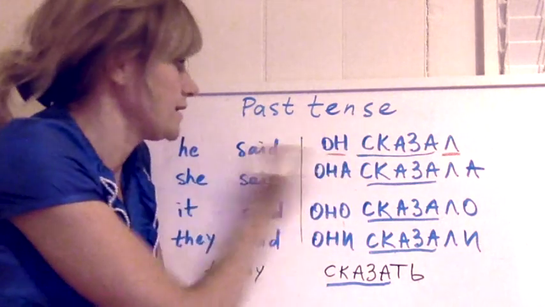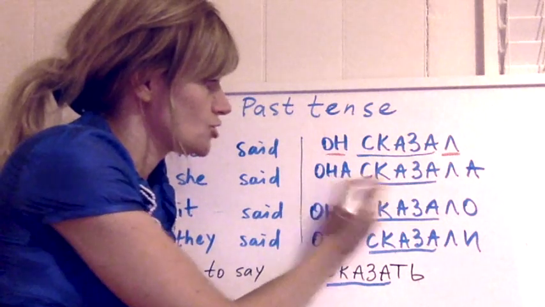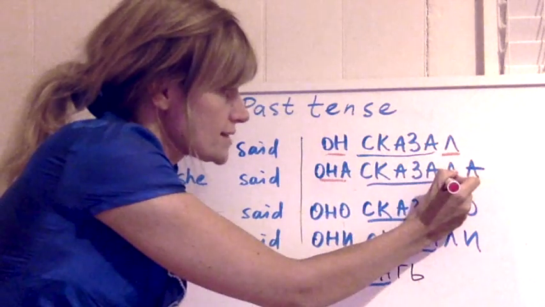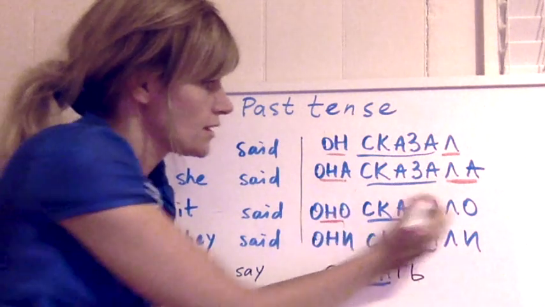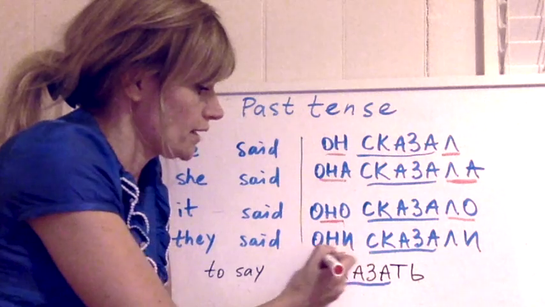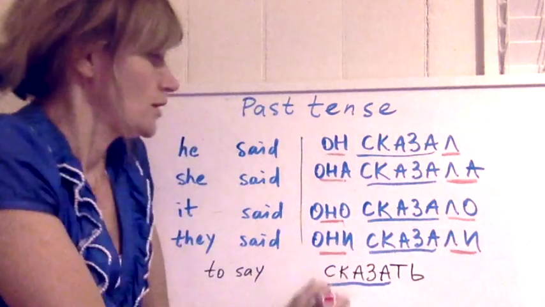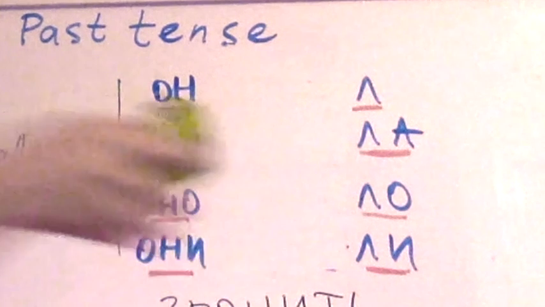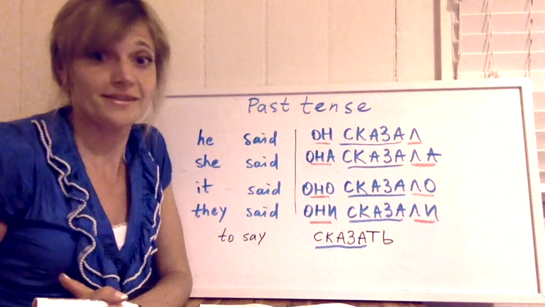Он, he, сказал, она, she, сказала, оно, it, сказало, они, they, plural, сказали. Okay? That's it.